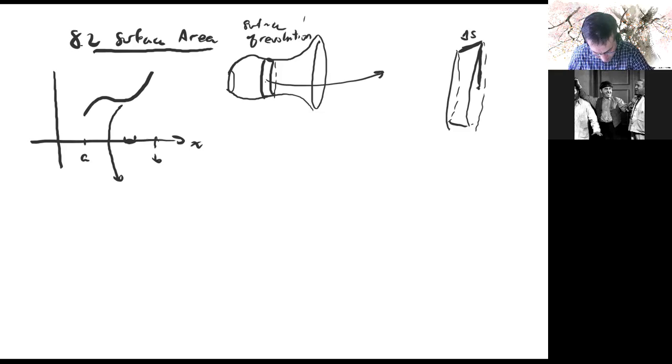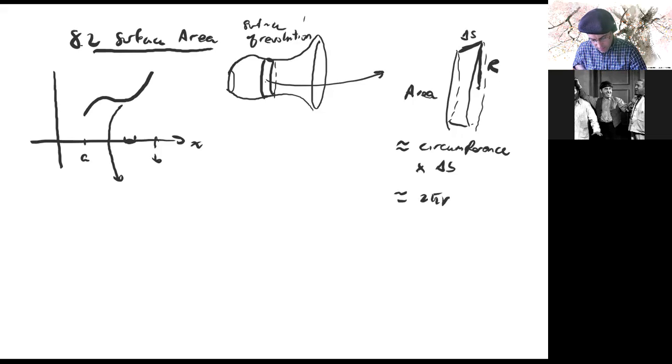The area of this is approximately equal to the circumference of the circle that's in the picture times the length, delta S. So if we call the radius capital R, this is 2 pi R times delta S. Now, what is R?